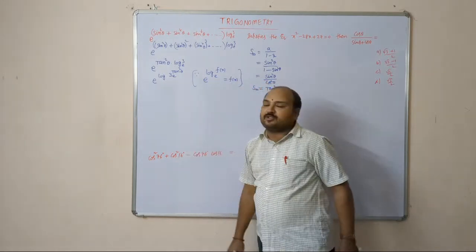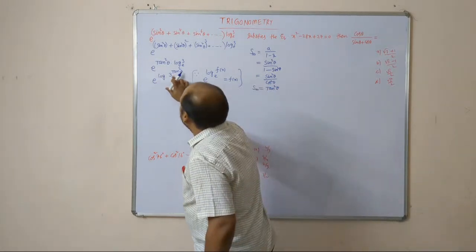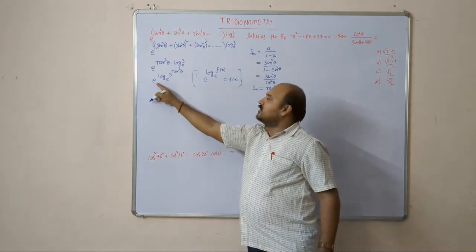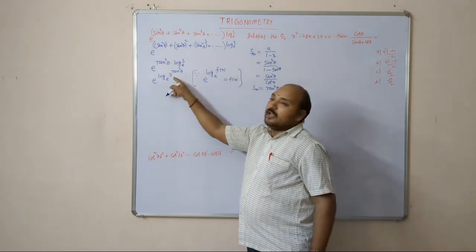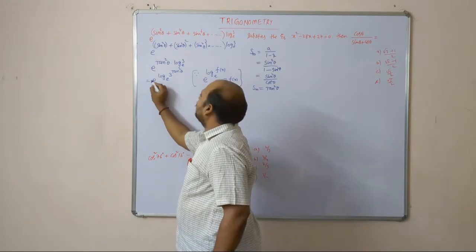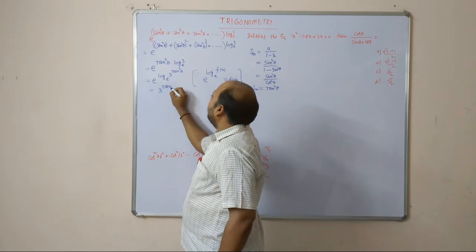I hope you understand it, students. Whenever these bases are equal, e power log f of x to the base e, it is in this form. So this value is equal to 3 power tan square theta.